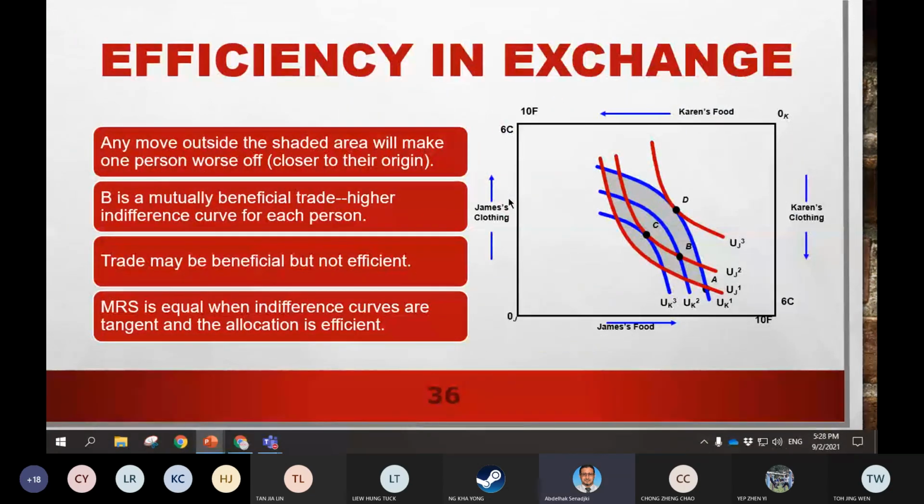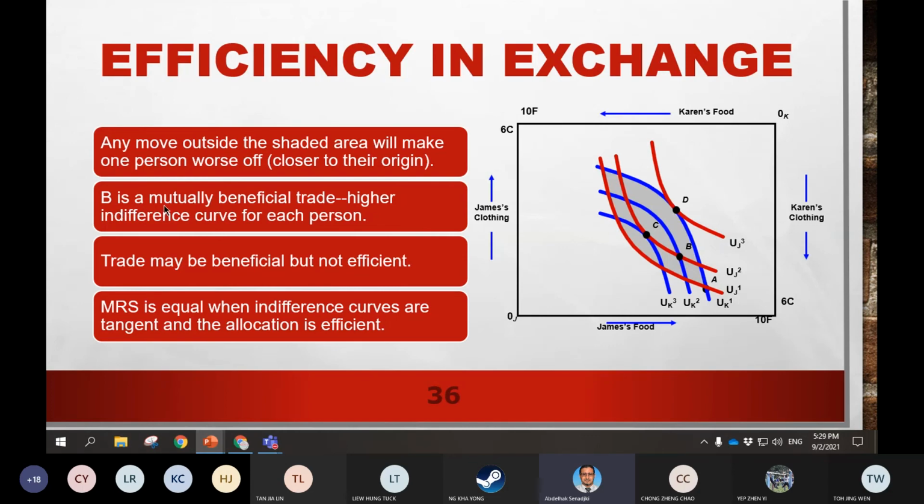Okay. So we can say now that any move outside the shaded area will make one person worse off, or closer to their origin. If, let's say, James wants to be more selfish and go to another point here at E, then one of the two will be worse off.